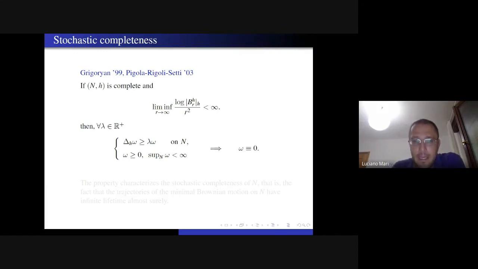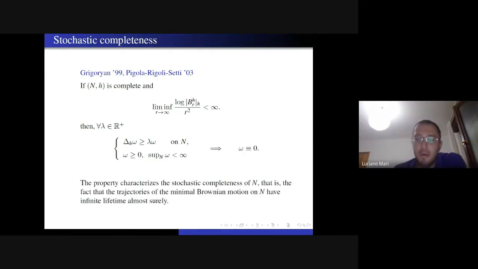Okay, this is a characterization first provided by Grigor'yan. It is actually one of the many characterizations of the stochastic completeness of a manifold, that is, the fact that the trajectories of the minimum positive Brownian motion on N have infinite lifetime almost surely.